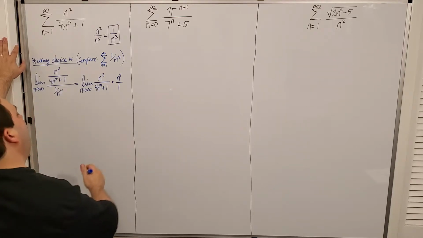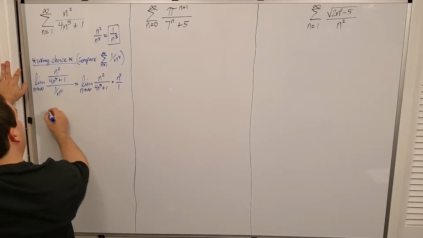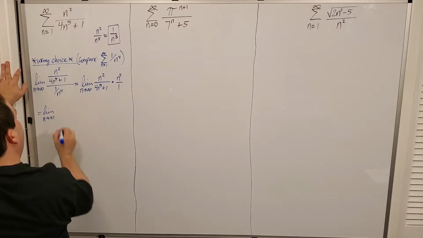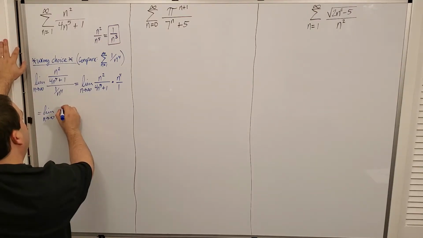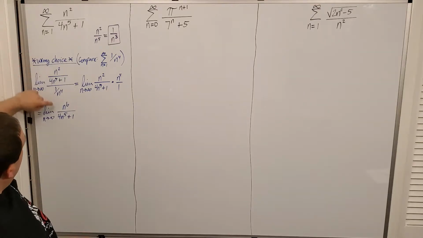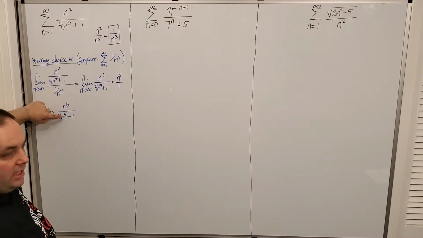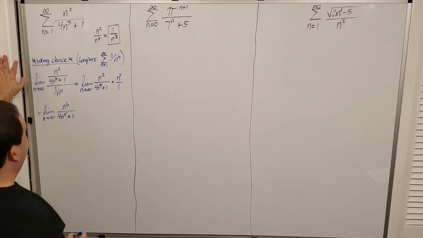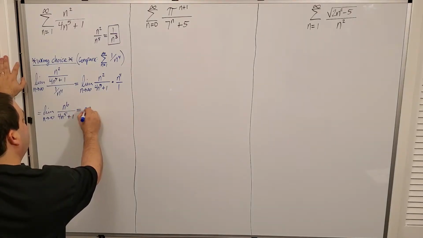Okay? And then this is going to be the limit as n goes to infinity of just n to the sixth over 4n to the fifth plus 1. Well, n to the sixth is a higher power than n to the fifth, and if I let n go to infinity, this limit is just going to be unbounded.